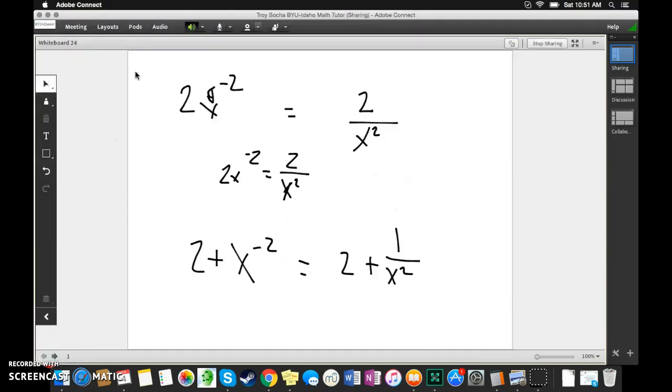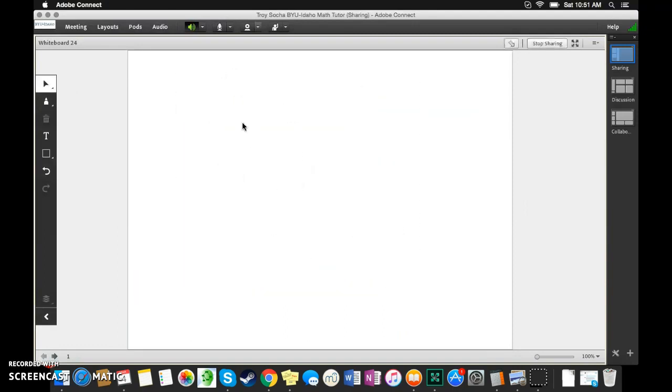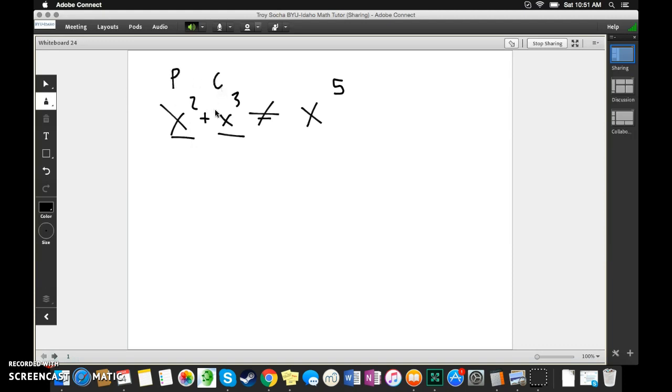We can't say that x squared plus x to the third equals x to the fifth. These are two different things. They can't be added. This is your penguins and your cows. You can't add penguins to cows. They're not the same thing.